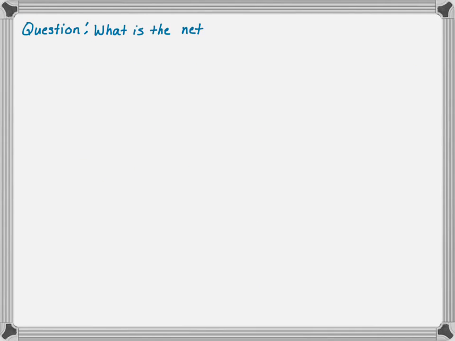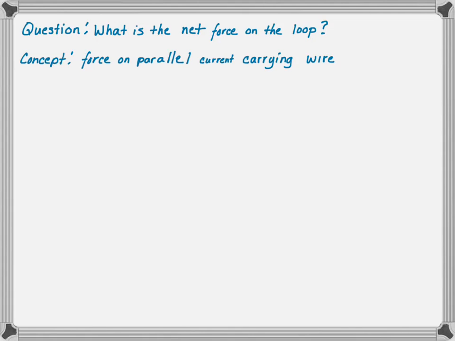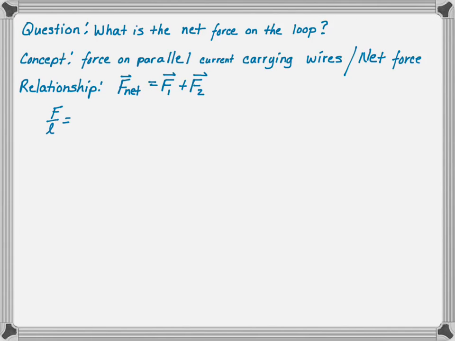So the question that we're trying to answer is, what is the net force on this loop? The concept we're going to use is the force on parallel current carrying wires, and we're also going to use net force. So net force is equal to F1 plus F2, which will give us the net force on the loop.